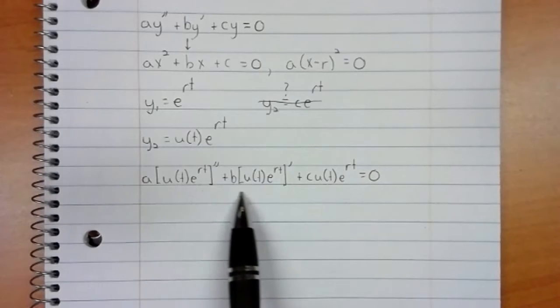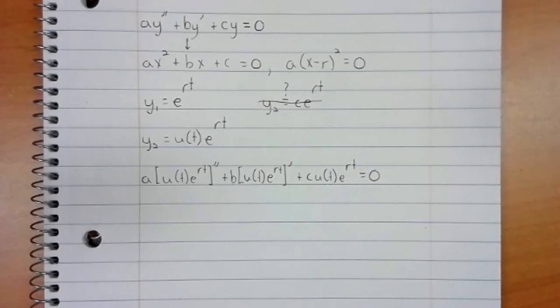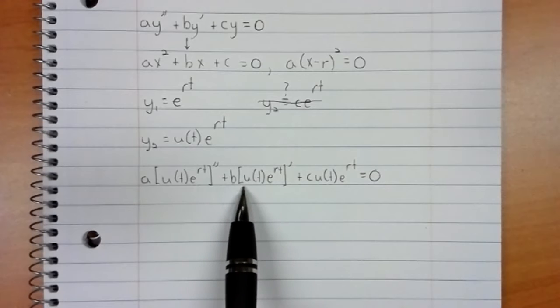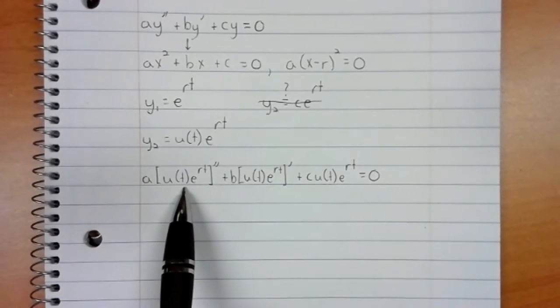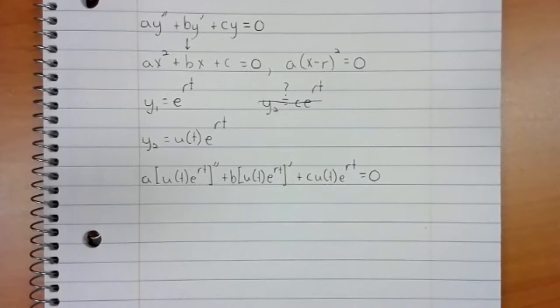Well, this is not going to be lovely, and we omit the details. Taking the first derivative here requires the product rule. Taking the second derivative here will be even worse.